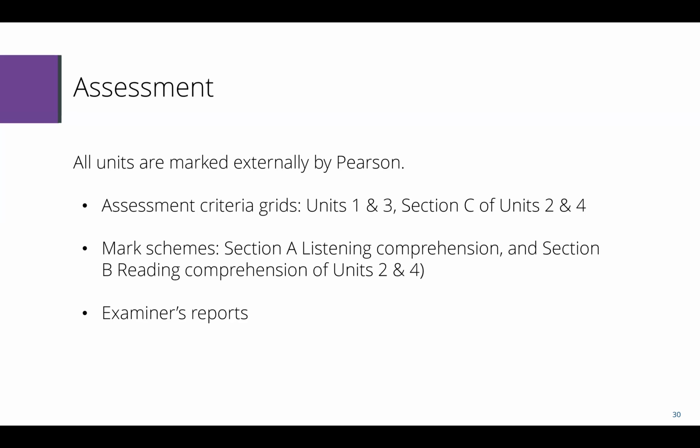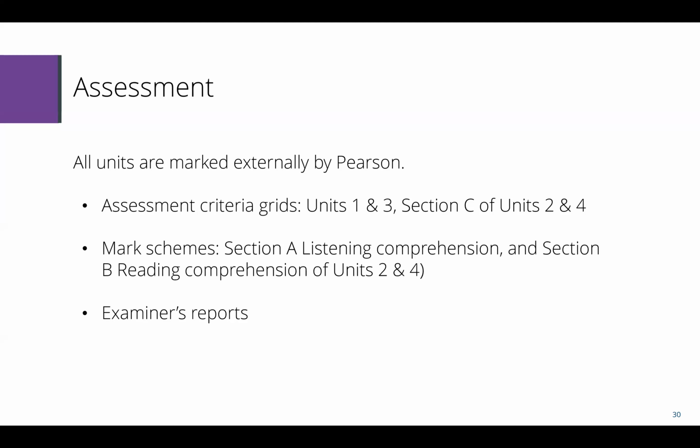One thing I would just flag up on that particular slide is the examiner's reports. At the end of every series, there is an examiner report published for each and every one of the units, and they are really quite invaluable. Sometimes they've got sample essays in there, and it gives a really good commentary. The examiner's reports tell you what went well, what the students struggled with, and what misconceptions the students had.